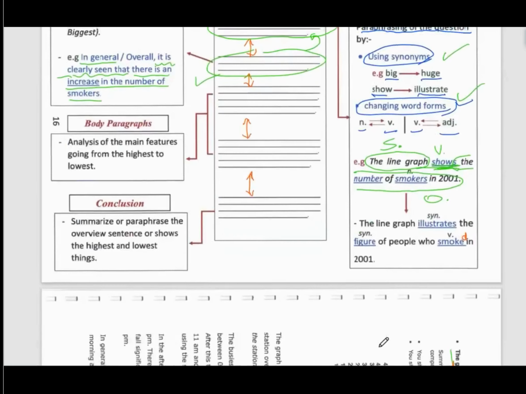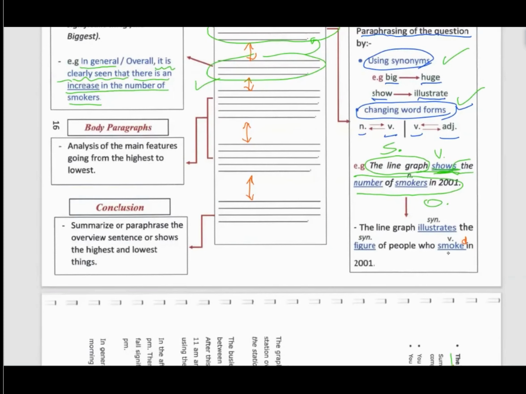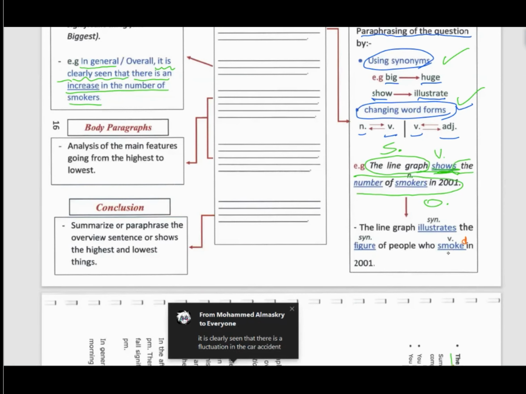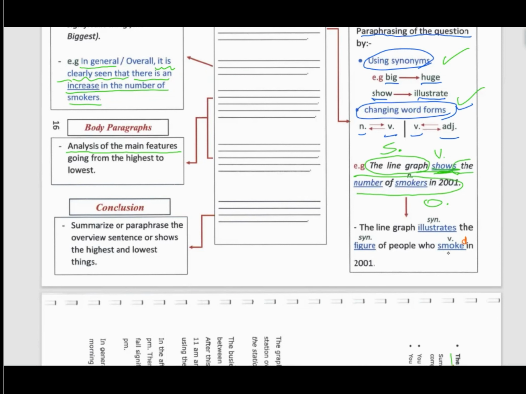The body, as I said, can have 1, 2, or 3 paragraphs. And it's an analysis of the main features, only the main features. So you are not going to describe everything in the drawing, just the main features, the highest things, the lowest things, the middle things.